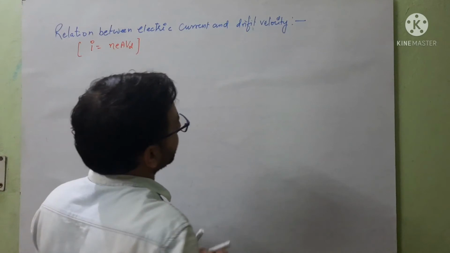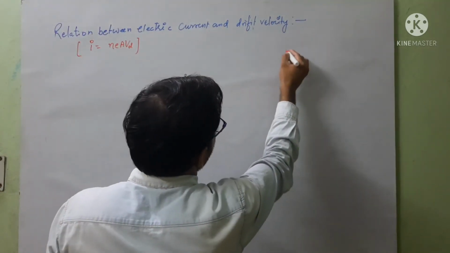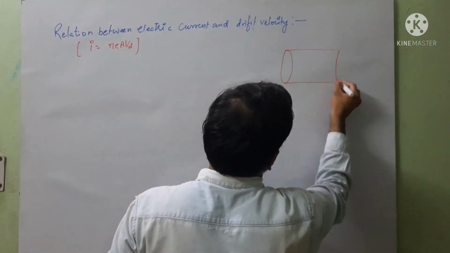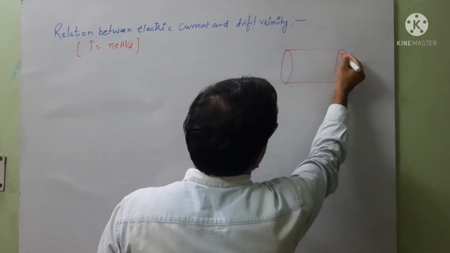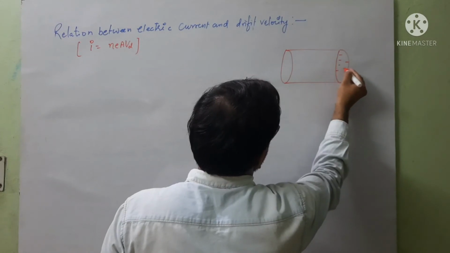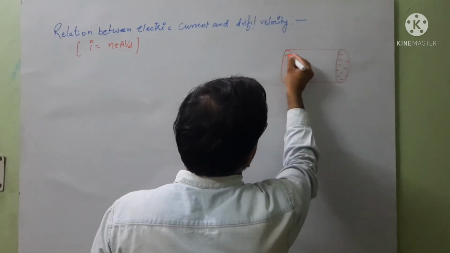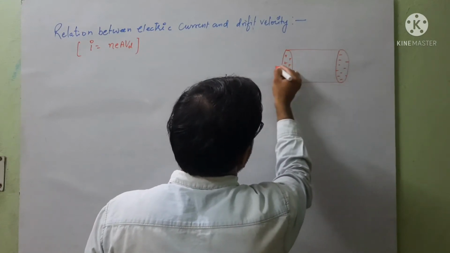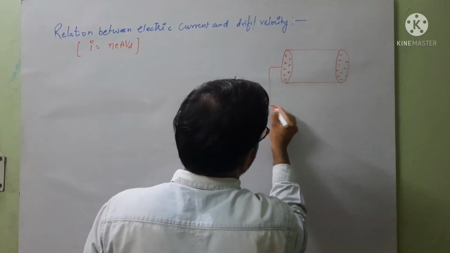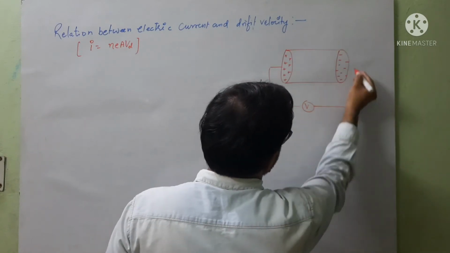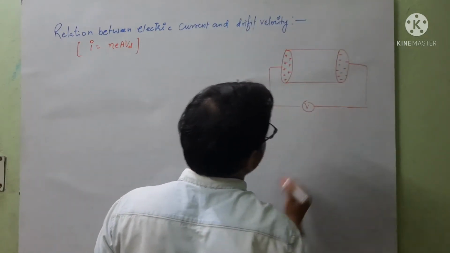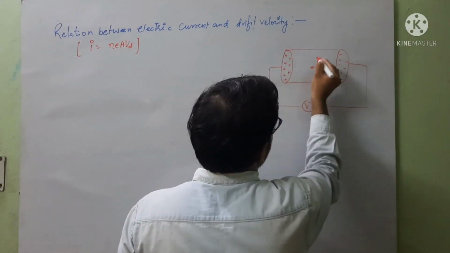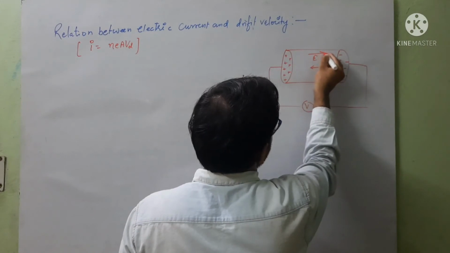So see, first when we are talking about the relation, I am drawing once again the same diagram which I have drawn. It is our conductor, in which this is our negative plate and this one is our positive plate or terminal, and on applying the electric field having some potential difference, the electron is moving from negative to positive and the direction of electric field is from positive to negative.